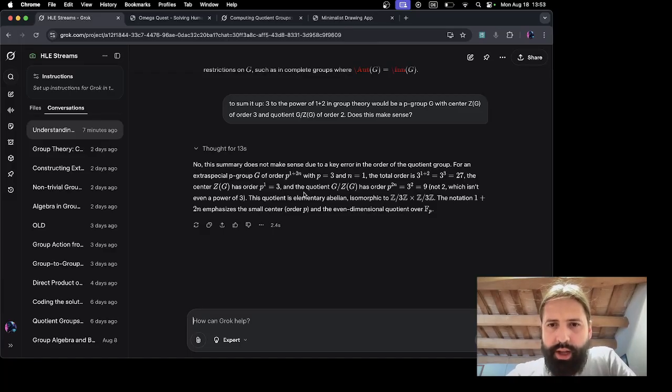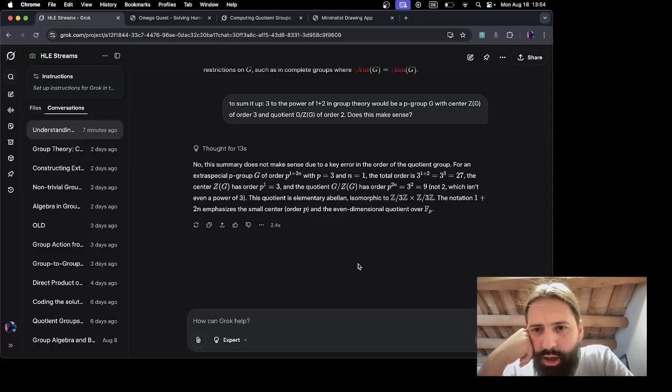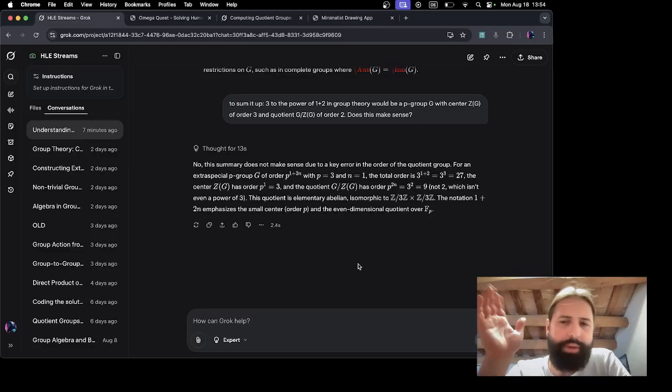That is correct. And the quotient G over the center has order p^(2n), so 3 squared, so 9, not 2. Okay, fine. It's all good. This quotient is elementary abelian, isomorphic to (Z/3Z) squared. The notation 1 plus 2n emphasizes the small center, and the even dimensional quotient over F_p, whatever that means.